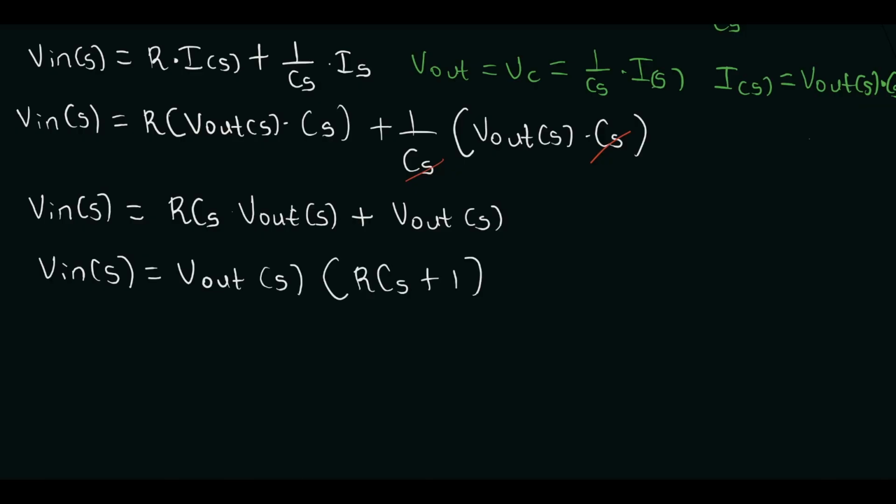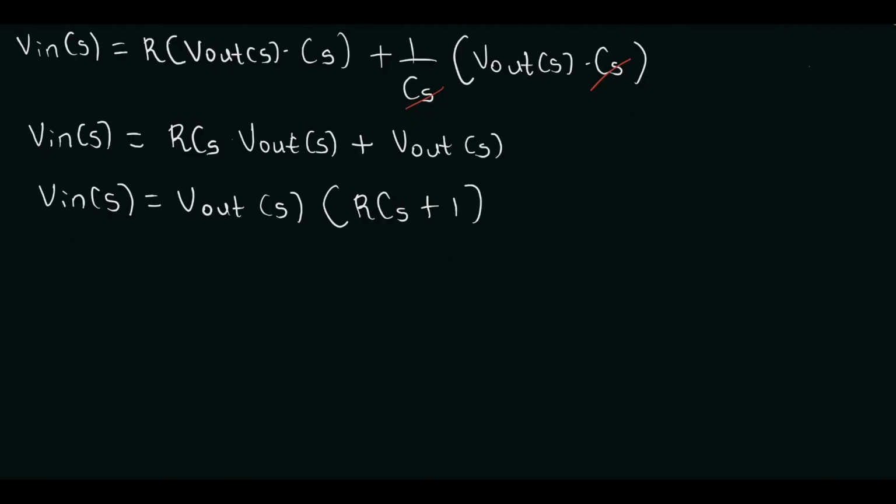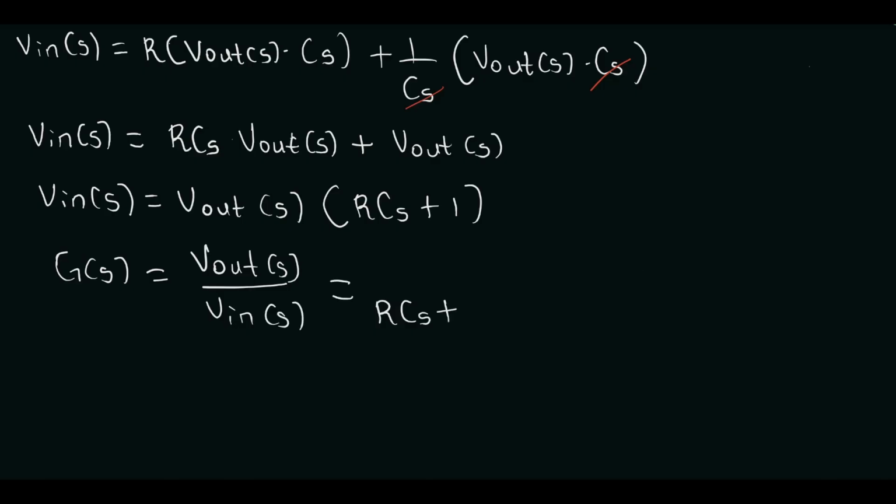So the formula for your transfer function, G of S, will be equal to your V out of S over V in. That will be equal to 1 over RCS plus 1.